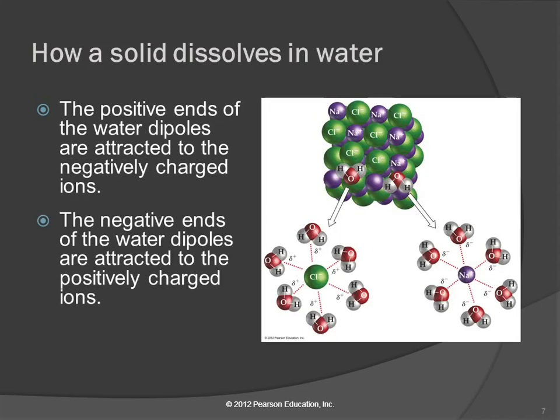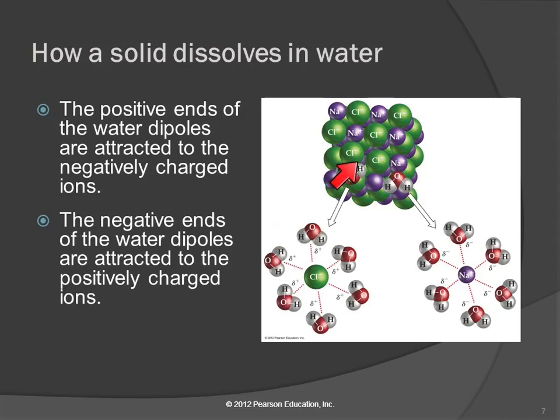So here's an illustration of how sodium chloride dissolves in water. So here we've got an illustration of a sodium chloride lump, maybe, crystal. It's an ionic compound. It's just ions, back to back, all the way through. You could think of it as one giant molecule.